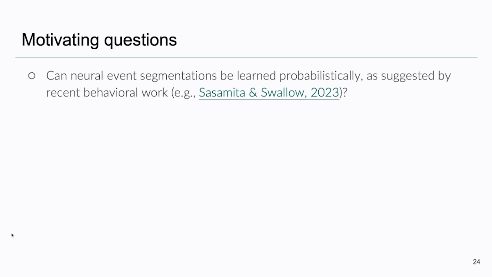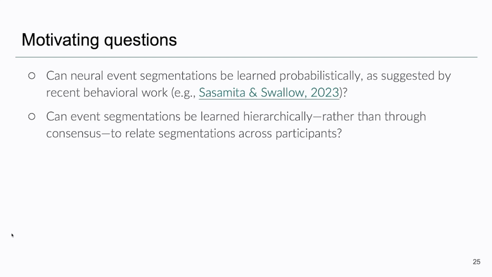So our question coming into this was, can neural event segmentations be learned probabilistically rather than through consensus? This was motivated in part by more recent behavioral work, in particular from Kenneth Swallow and colleagues, that shows that when we think about event segmentations within a naturalistic context, we should be thinking in terms of a probabilistic model.